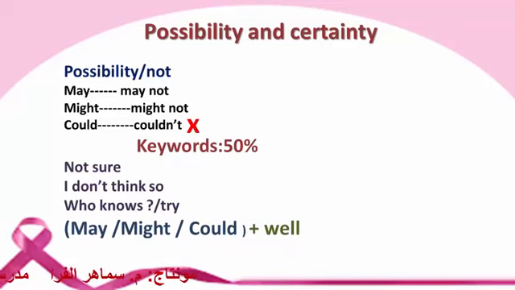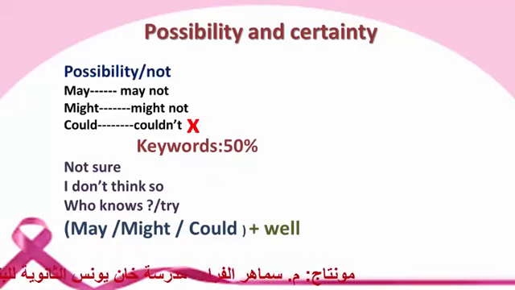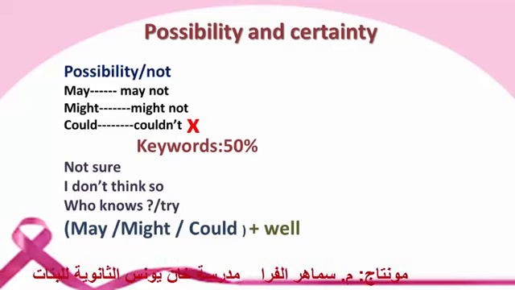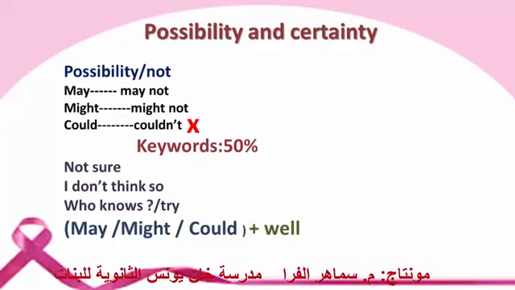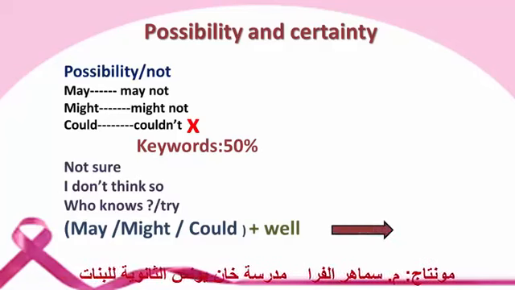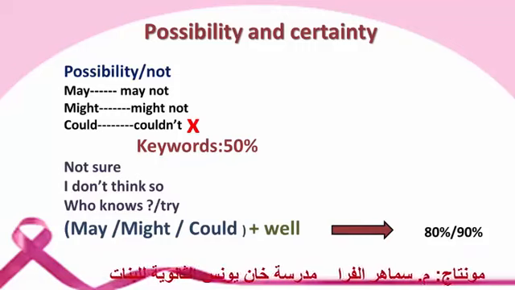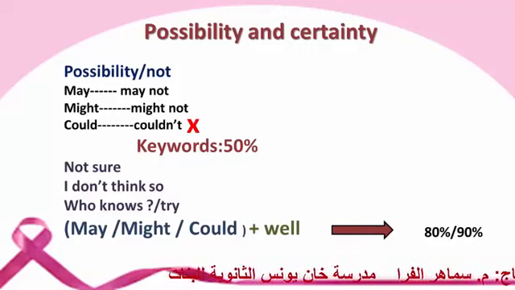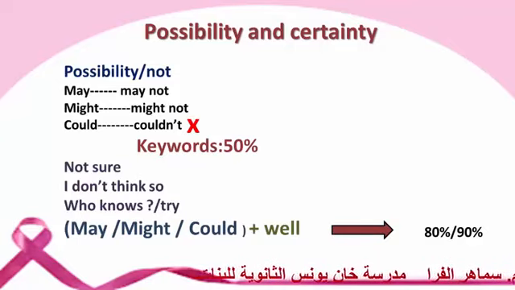If we want to increase the possibility, we should use will, and so may or might or could. When we follow it with will, we increase the possibility. The average will rise from 50 to 80 or 90%.